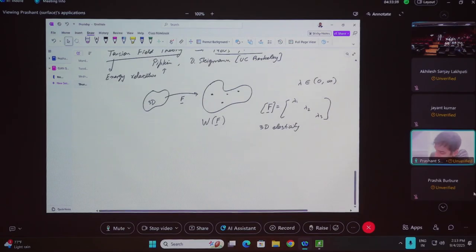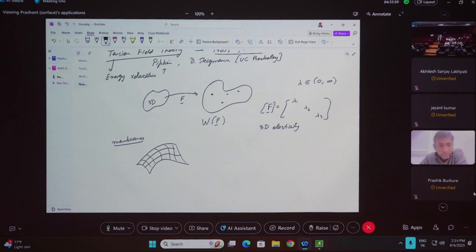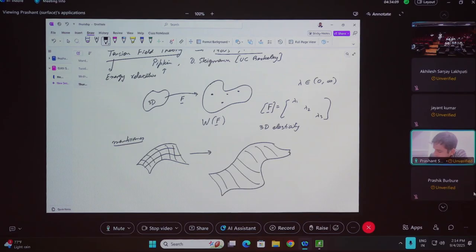Now, in the case of membranes, we only look at two stretches. So we know it's a flat surface. Let's say I try to write a surface. So you have a surface that undergoes some deformation, a very complex deformation.